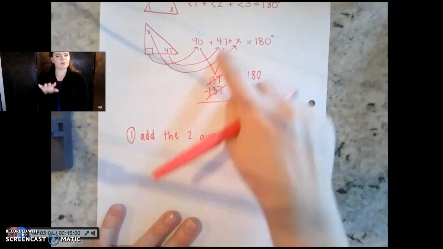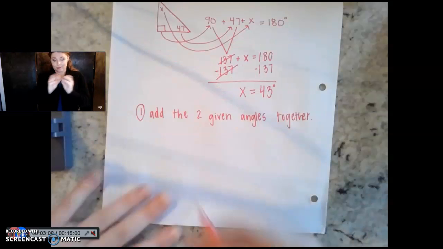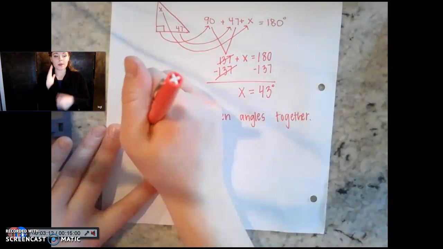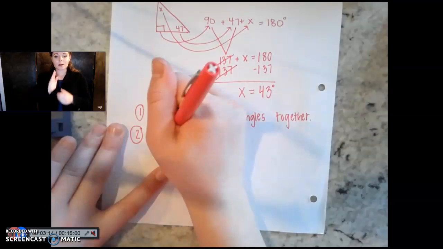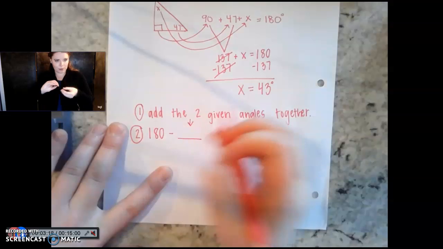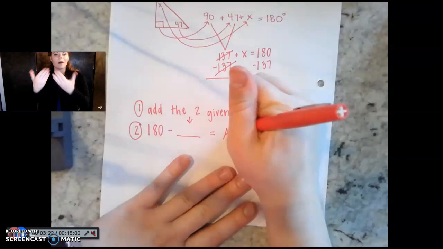You'll notice that's what we did here. 90 plus 47 was 137 degrees. Step 2 is to take that and to do 180 minus whatever you got from this. And that will give you your answer.